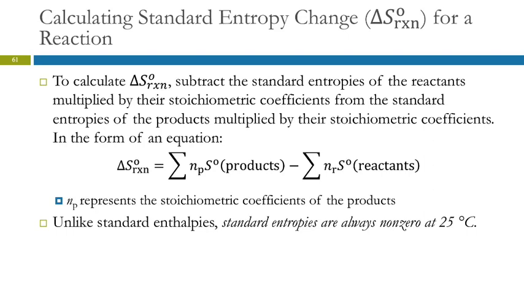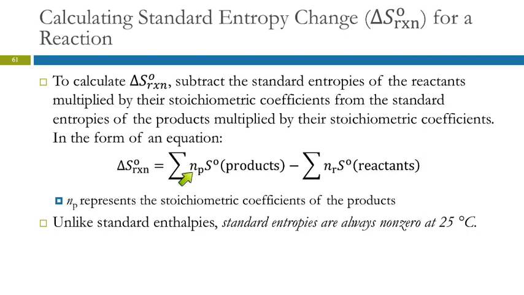So calculating standard entropy change for a reaction takes on the same form as calculating standard enthalpy of reaction. So many E's. It's a state function, and so we can take the entropy of the products and subtract the entropy of the reactants.